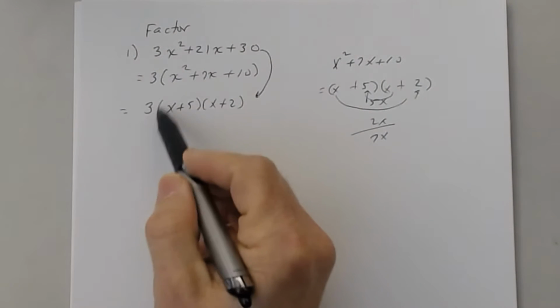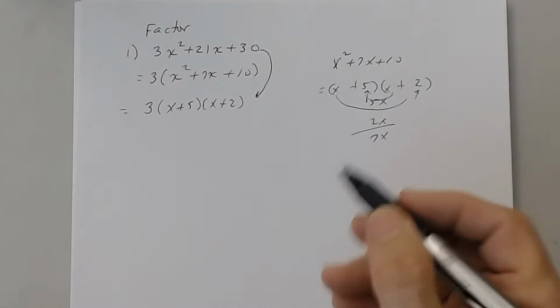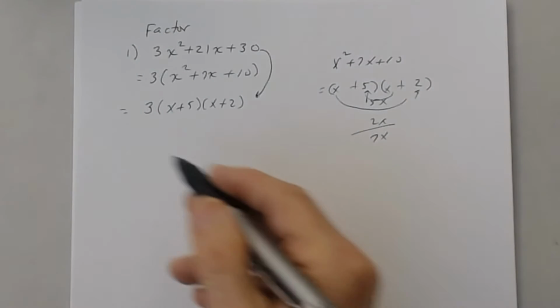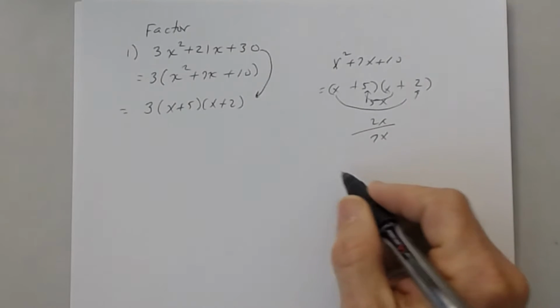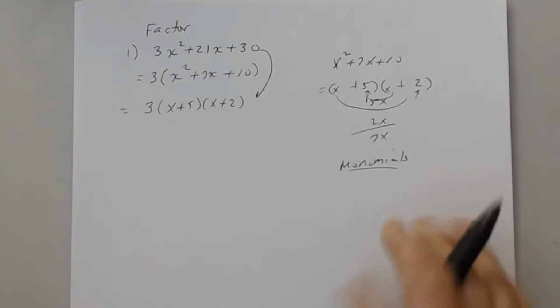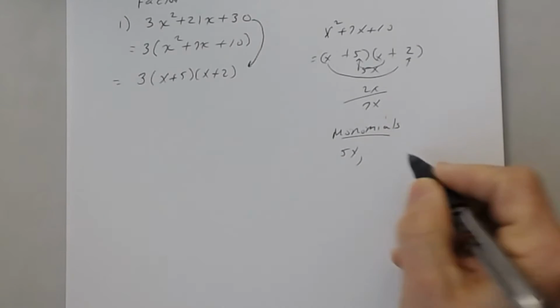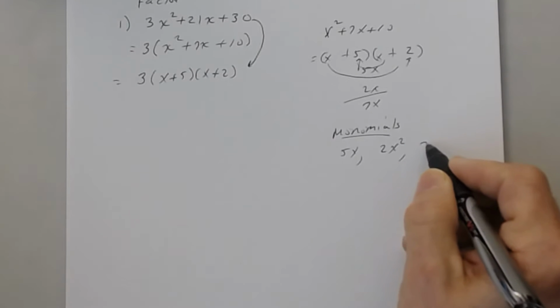And we always put the monomial in front. Remember, a monomial is just a term that doesn't have an operation like addition or subtraction. These are examples of monomials, like 5x, 2x squared.